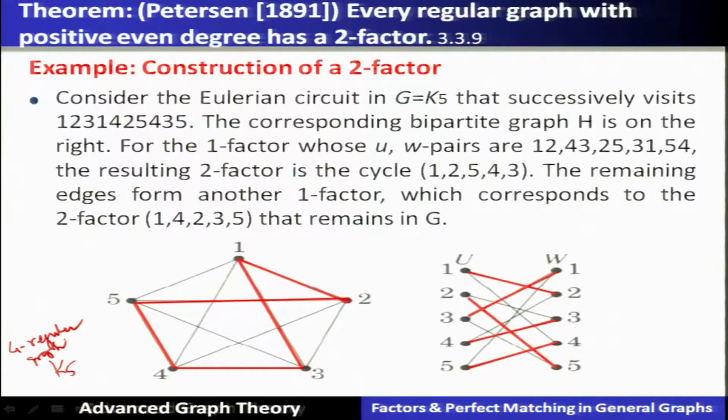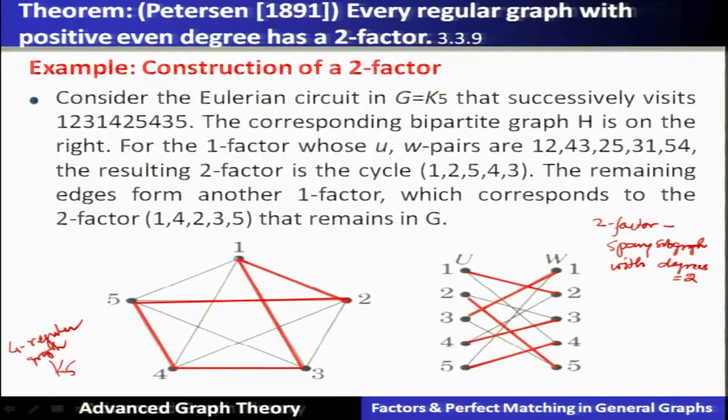What is a 2 factor? A 2 factor is a spanning subgraph with the degrees equal to 2. So, let us see in this graph, already shown, the 2 factor.